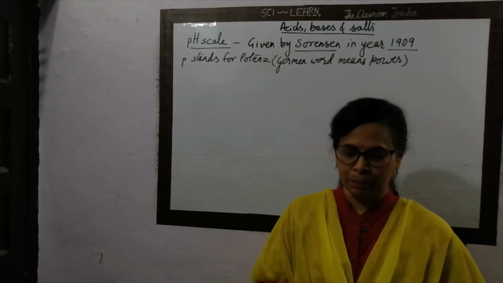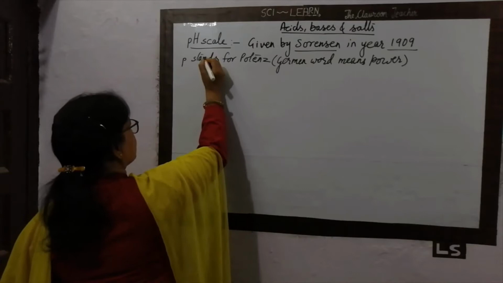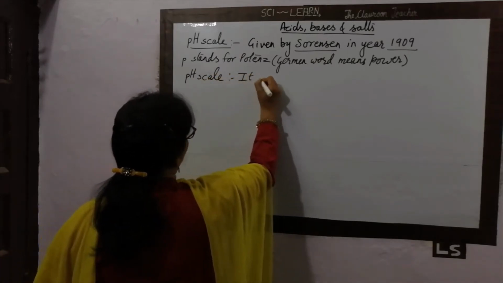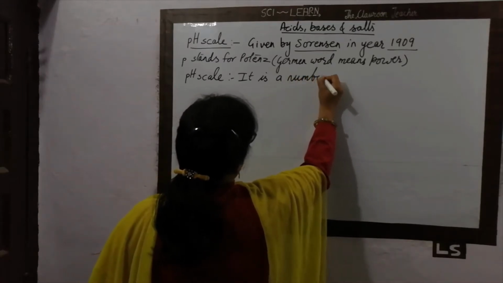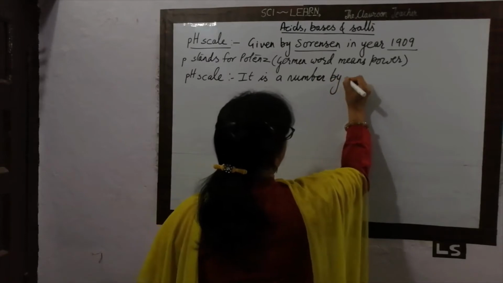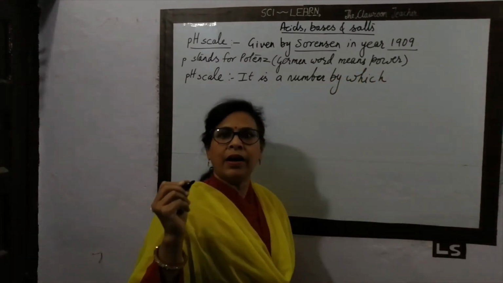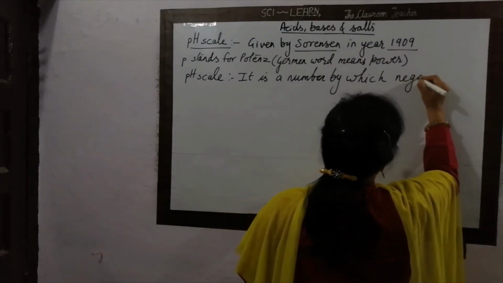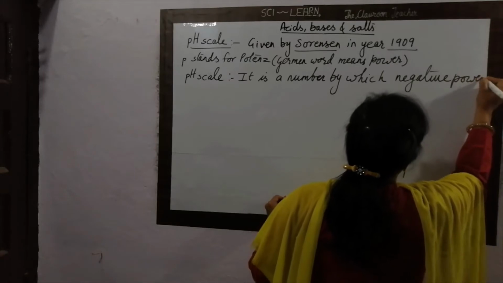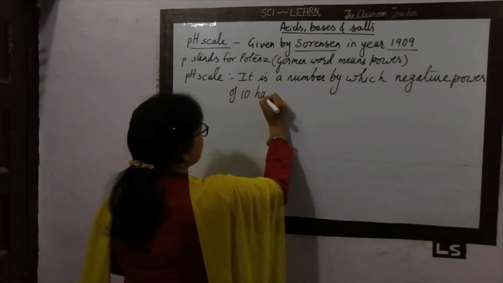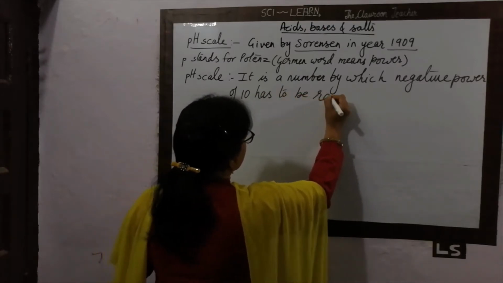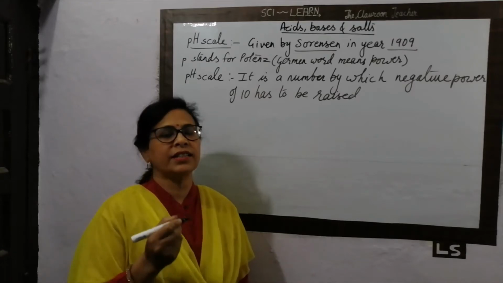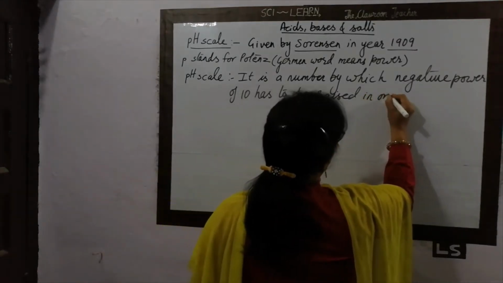Okay, so what is the pH? It is a number by which the negative power of 10 has to be raised in order to express the concentration of hydrogen ion.